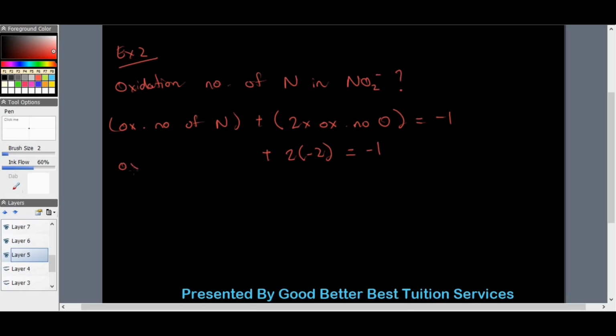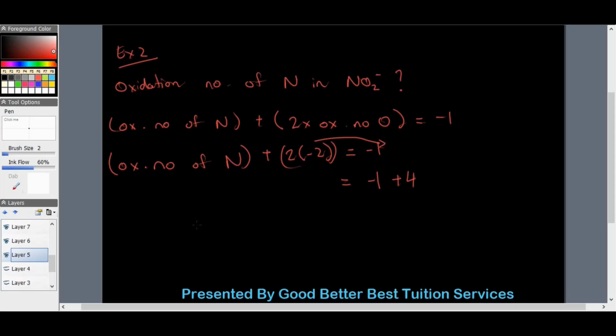And here we still have the unknown value, the oxidation number of nitrogen. We know 2 times negative 2 is minus 4, so we end up with plus minus 4. We can carry over this entire number to the other side, which equals minus 1 plus 4.